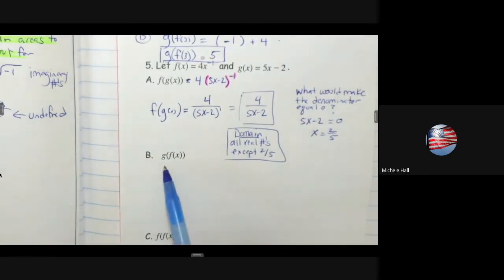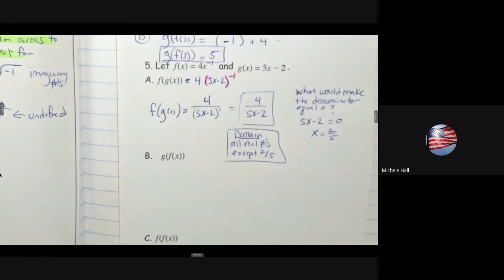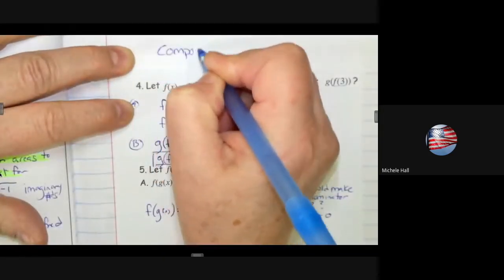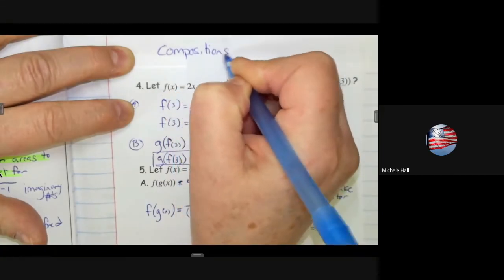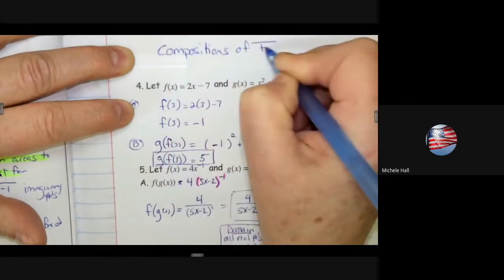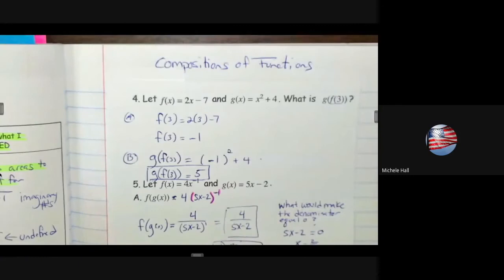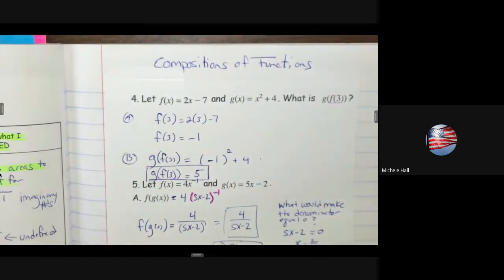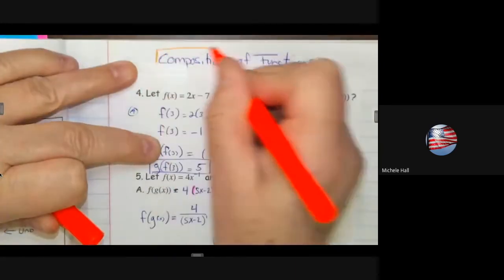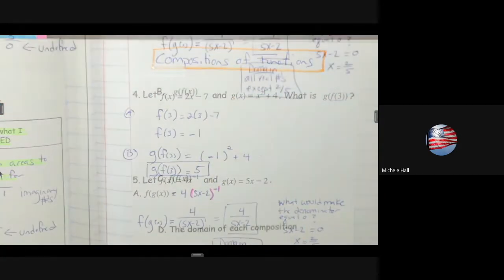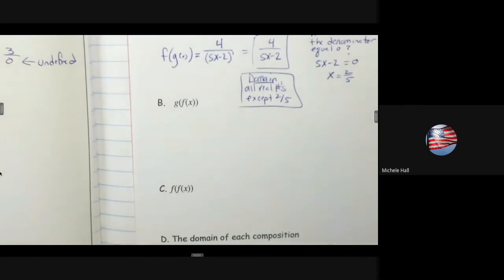Now we can do a composition of g of f of x. These are called compositions. Compositions of functions. g of f of x.